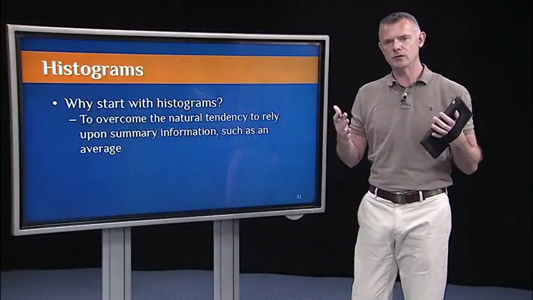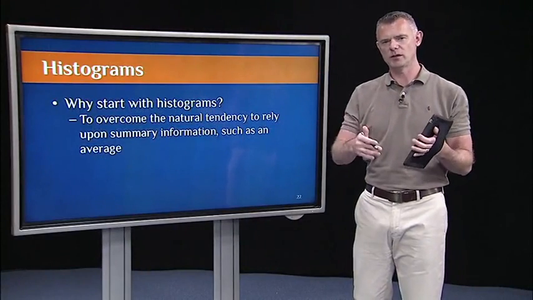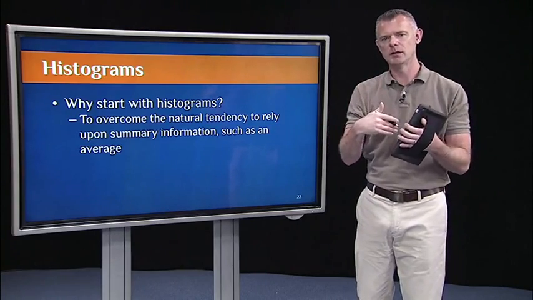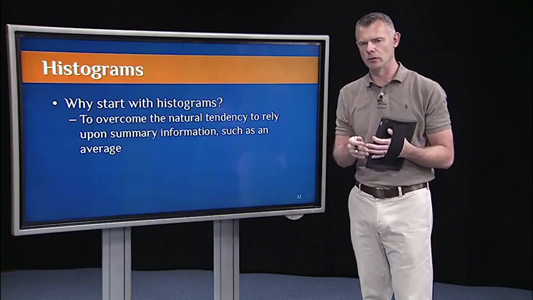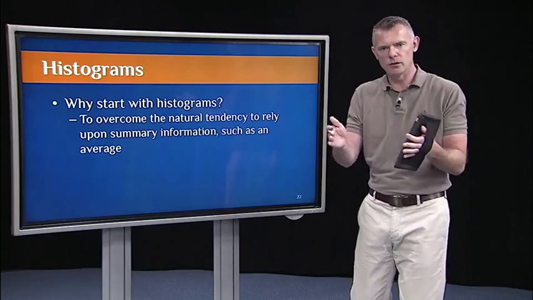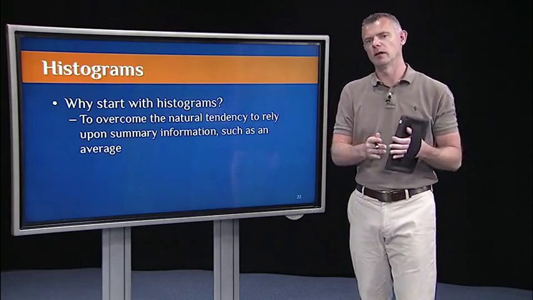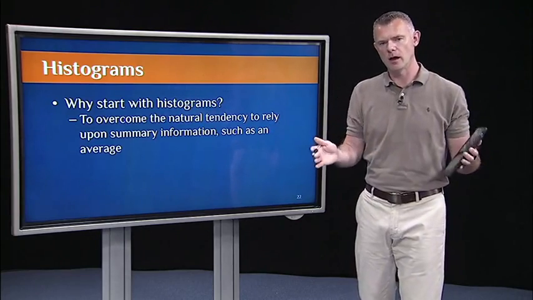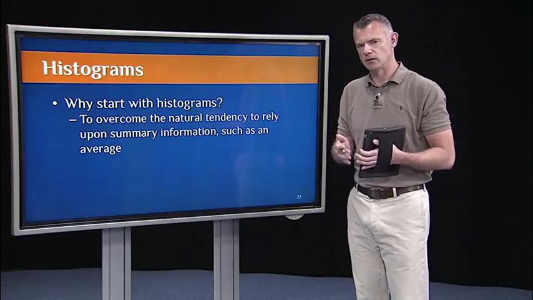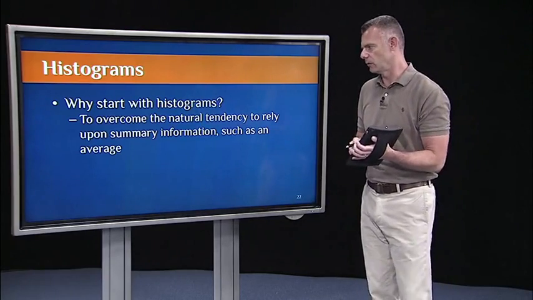It's very easy to stereotype individuals who are part of a group because you can rely on the summary statistics of that group to make an inference about an individual. But as we know, we shouldn't do that if we want to get to know individuals within a group. We want to look at the entire distribution. We want to look at everybody within the group before we calculate those summary statistics or jump to those summary conclusions about a group.